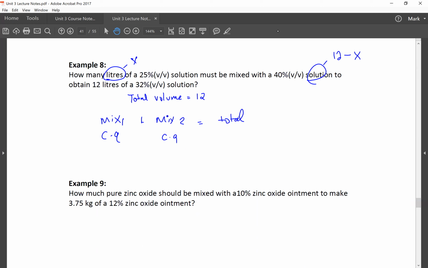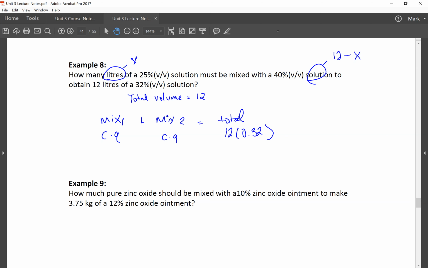Basically, I take the concentration and quantity of the first solution and multiply them together, add that to the concentration and quantity of the second solution multiplied together, and it will equal my total solution, 12 times 0.32. Another thing I should mention, guys, is we always write percentages as decimals.